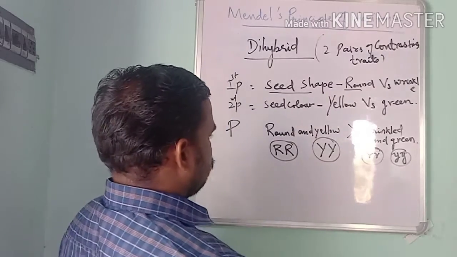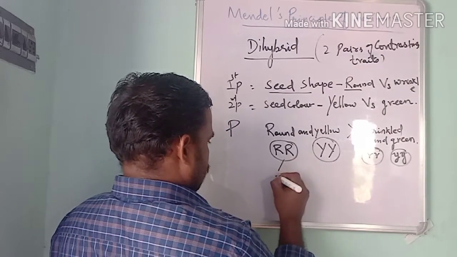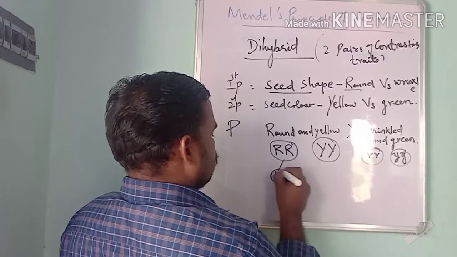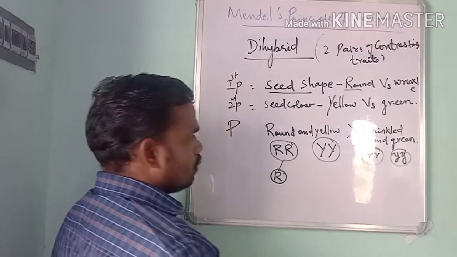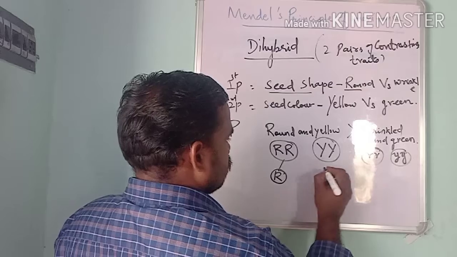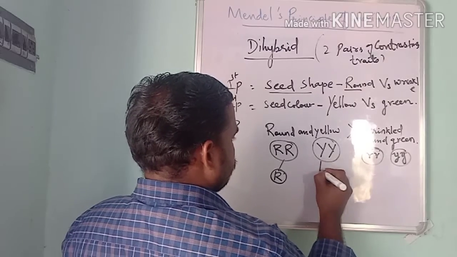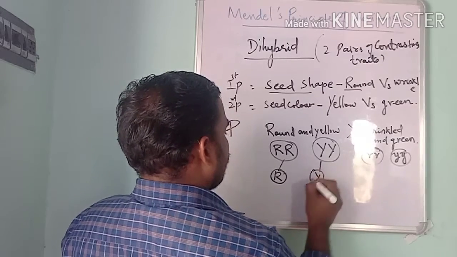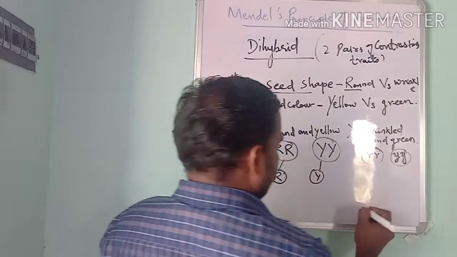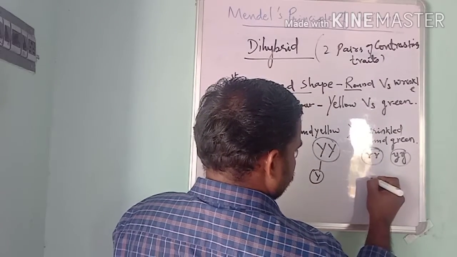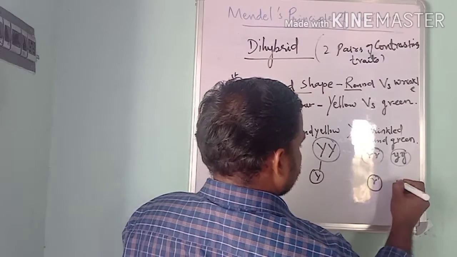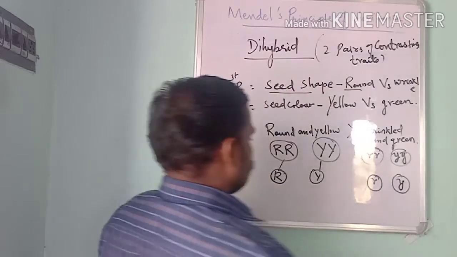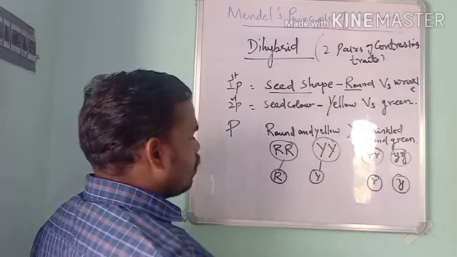The factors from the homozygous parents separate out and enter for fusion during gamete formation. So we can write it. They fuse.